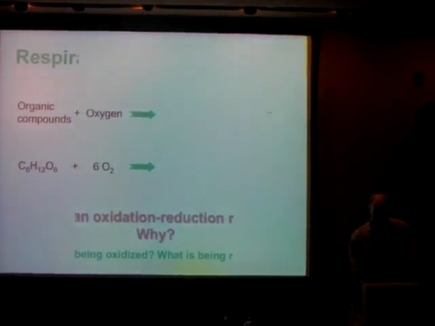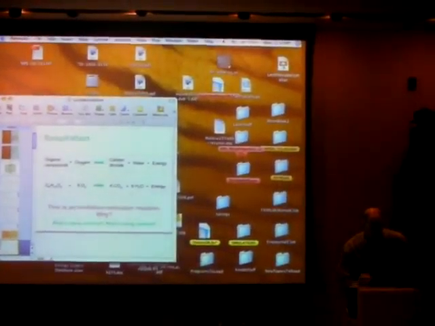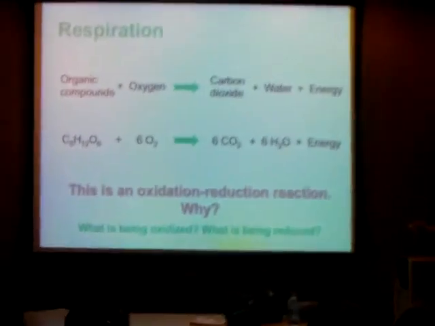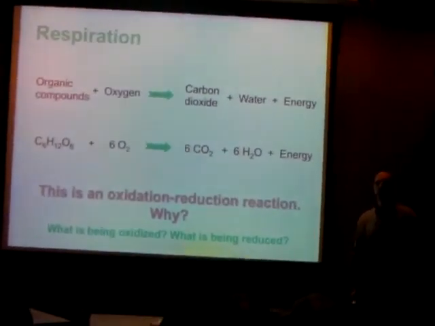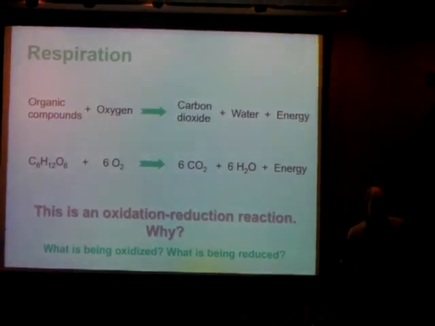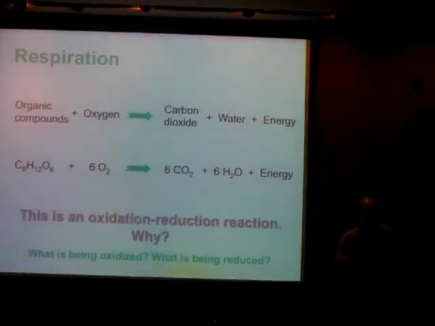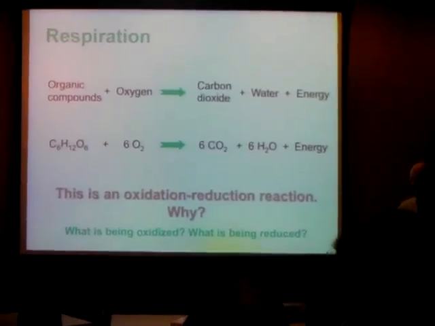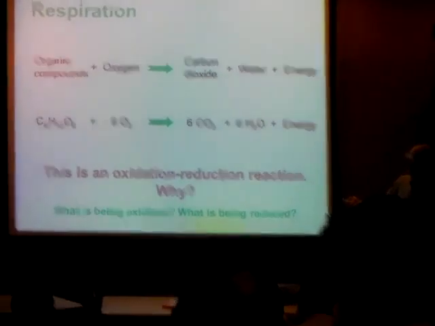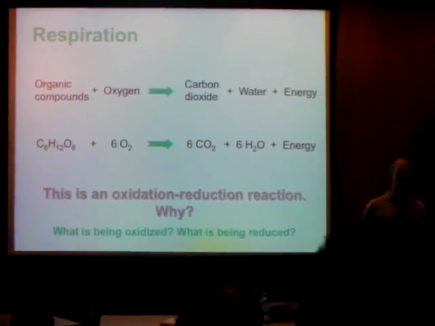And so, what's going to happen here? The oxygen gets reduced and the carbon gets oxidized. So same kind of deal. And so oxygen, again, is acting as an oxidizing agent.